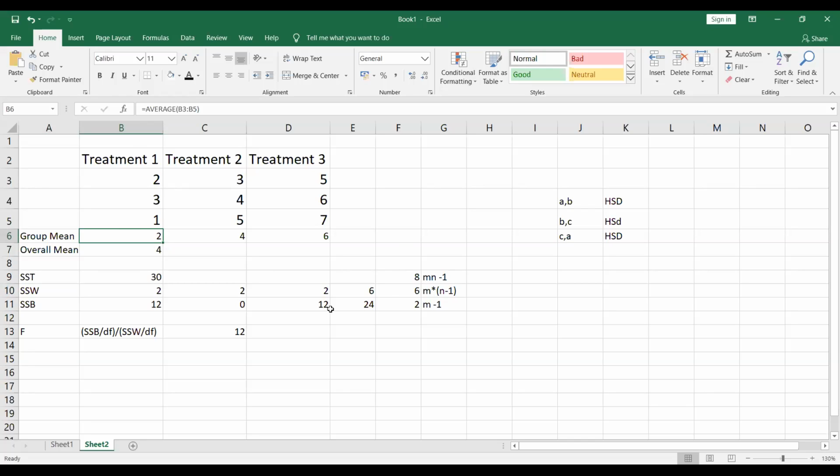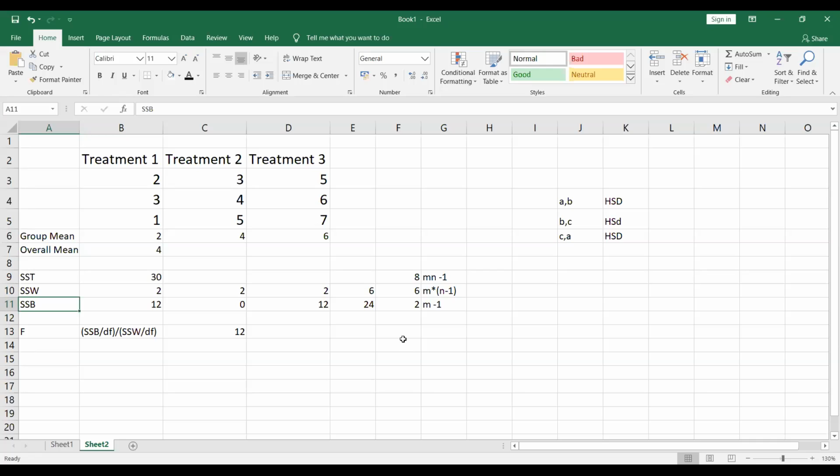Okay, now come to SSB. Per group, it is n minus 1, meaning 3 minus 1, which is 2, into 3 groups, so 2 into 3 means 6. Instead of columns, you should just say groups, which is technically more correct.